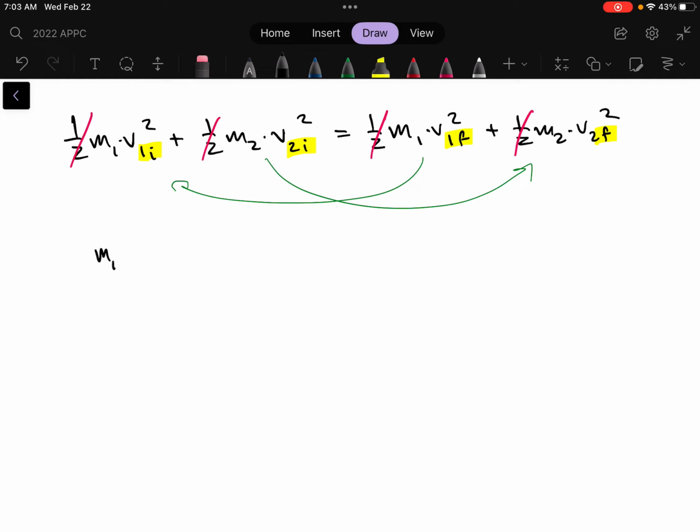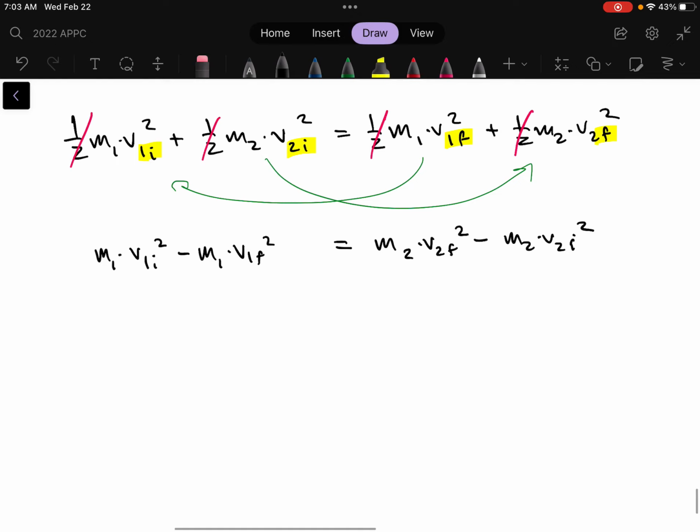And I should have m1 v1i squared minus m1 v1f squared. And then the same thing on the other side. So we got rid of the 1/2, we got rid of the separation of the 1s and the 2s.